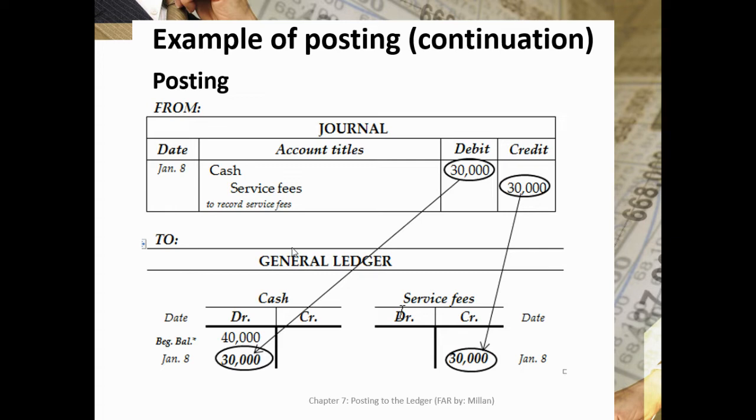Take note na kung anong balance niya dun sa journal mo, kung dinebit mo siya sa journal mo, syempre pagdating sa general ledger, ilalagay mo din siya sa debit section. Pero pag credit mo siya, ilalagay mo din siya sa credit section. So posting simply involves transferring the debit and credit amounts of a journal entry to the affected accounts in the ledger.